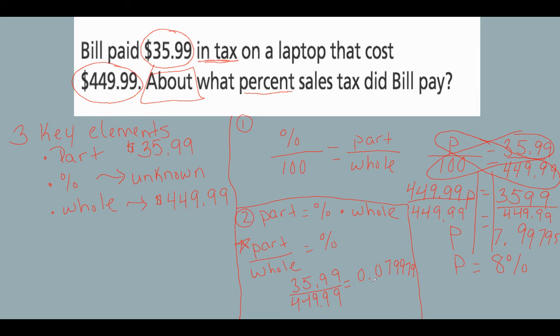There's one more thing we need to do, because when you use the equation, there's an extra step at the end. You have to remember to convert your number from a decimal to a percent. How do we do that? We multiply by 100. And that gives us 7.99, which we can say is about 8%.